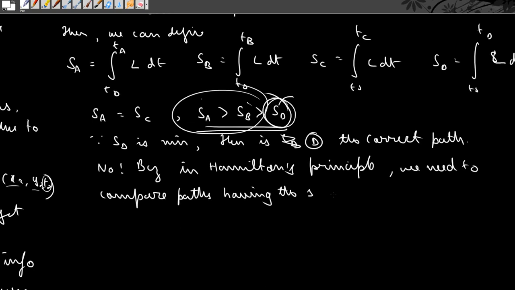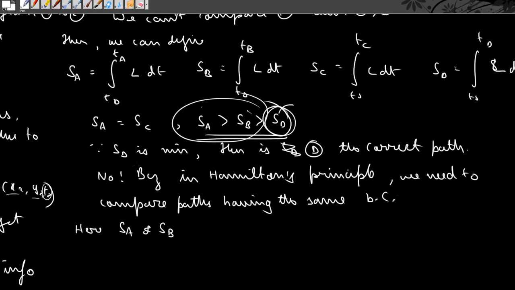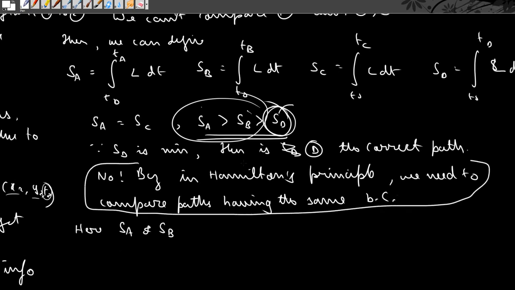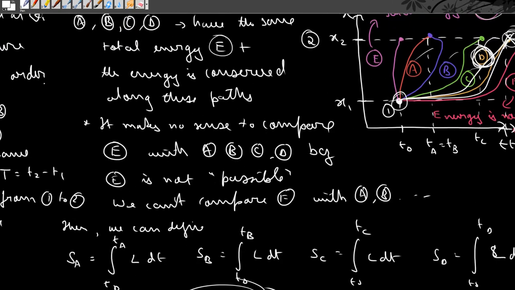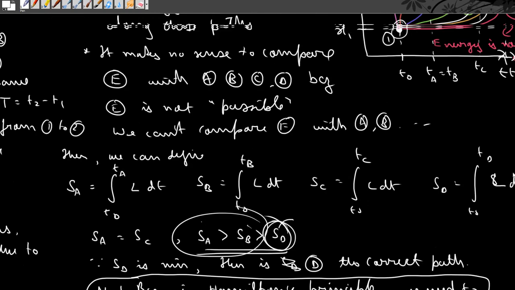Whatever I told just now is what this statement says. Hamilton's principle is meaningful only when you consider paths having the same beginning and end points. When you compare paths having different endpoints, it does not make sense to compare them in this manner using Hamilton's principle.